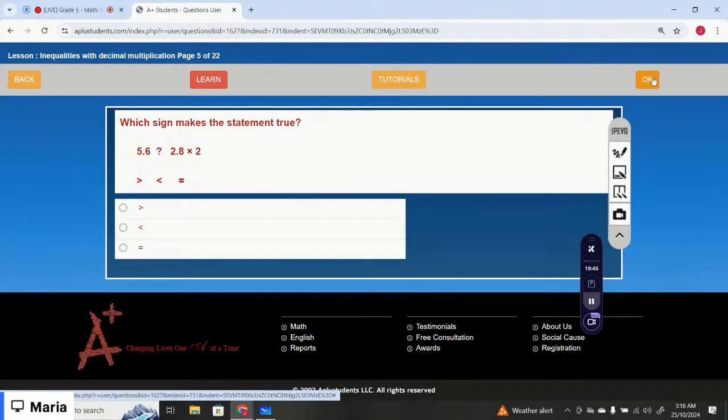Which sign makes the statement true: 5.6, and you have to compare it to 2.8 times 2. So, which is the correct option?